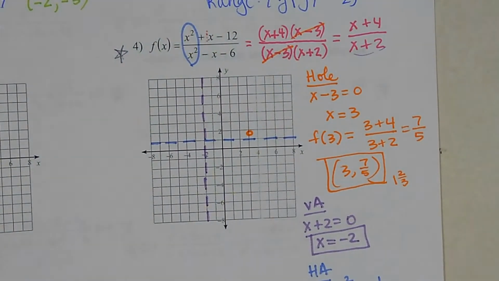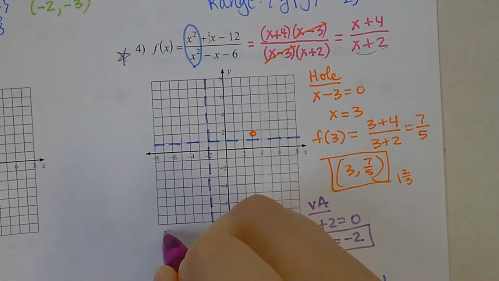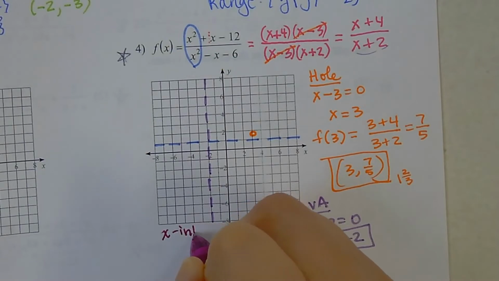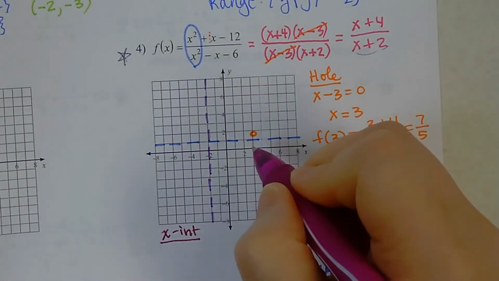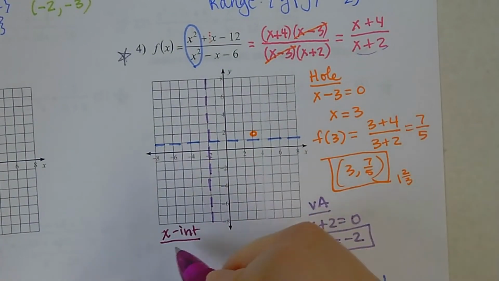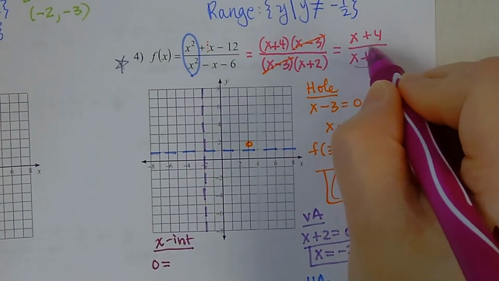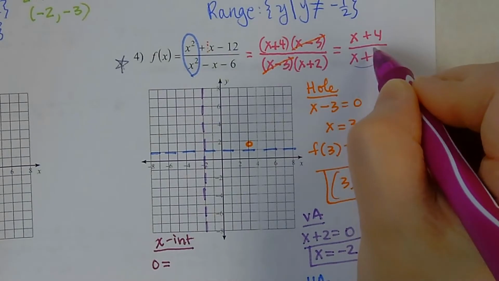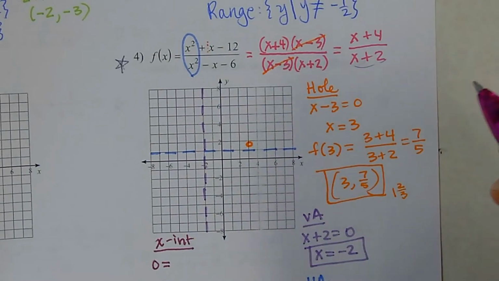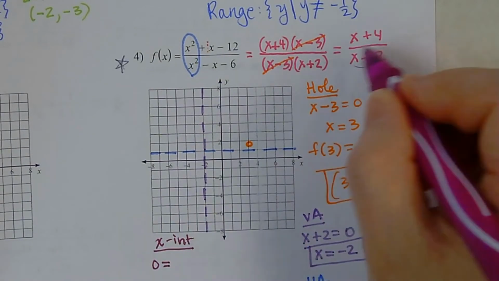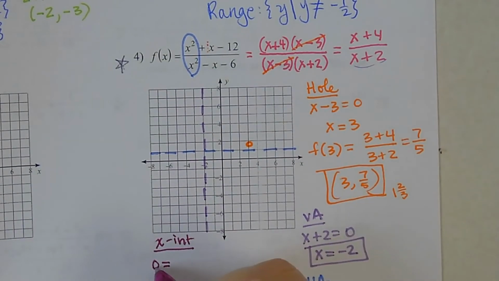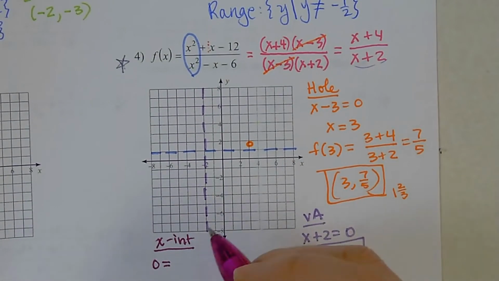And then we're going to look for our x and y intercepts. So x-intercept, and that is going to be when y is equal to 0, so it's going to be 0 is equal to, again, I'm just going to set it equal to the numerator, because I know the denominator is going to become 0 anyways, because if I multiply both sides by x plus 2, that 0 is going to just make it 0 anyways.